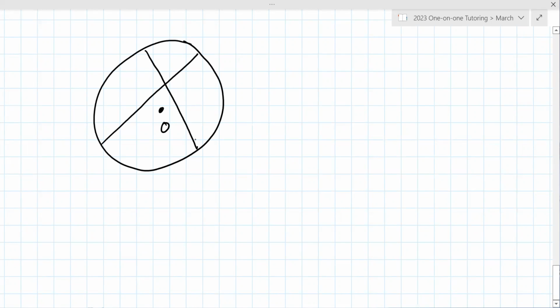Notice they don't go through the center, and I'm going to use little m and big M and X. So X is the angle right here. It's also the same as this angle right here. So X is little m plus big M divided by 2.